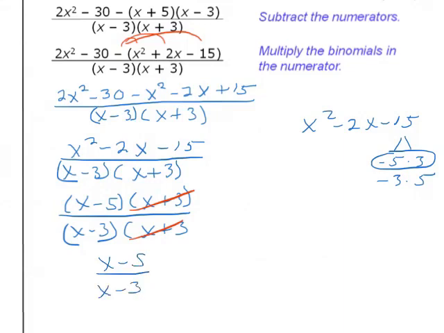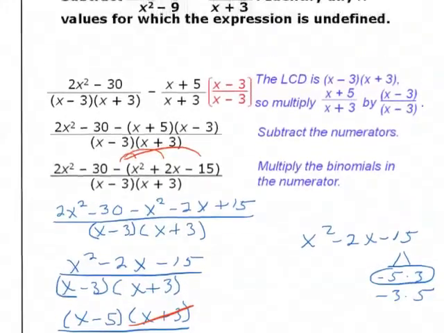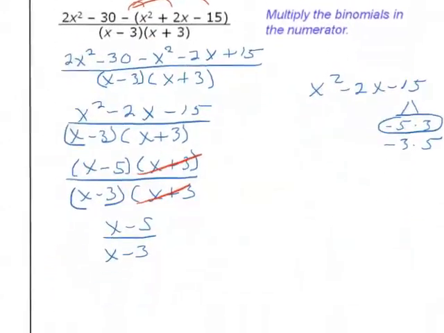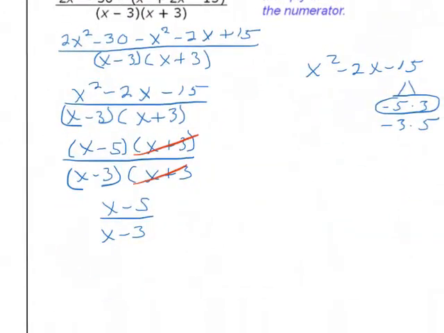Now, before we walk away from this, let's go back and look to see if it asks us to find where it's undefined. Look at that. It says, where is it undefined? So we need to do that. Let's go back up here, and we are going to set each of these denominators equal to 0 and solve. Okay, so let's go ahead and do that.